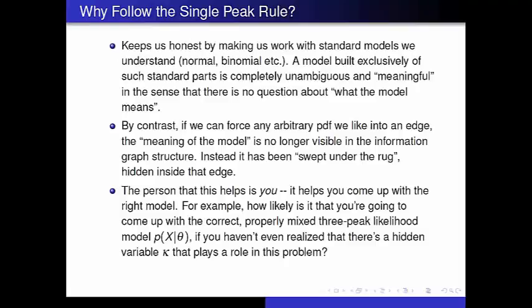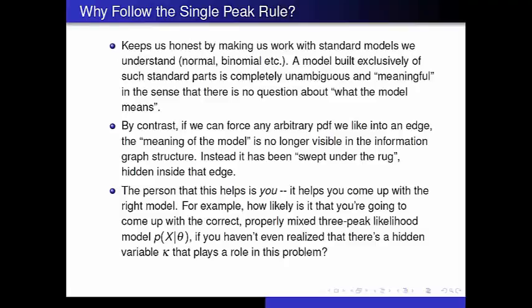So what that really means is if you don't follow this rule, then the meaning of the model, quote unquote, is no longer visible in the information graph, right? Because stuff could be hidden inside a single edge, swept under the rug somewhere in there. The obvious point is the person that this helps is you, the person who's trying to think about models and make models using this kind of graphical picture.